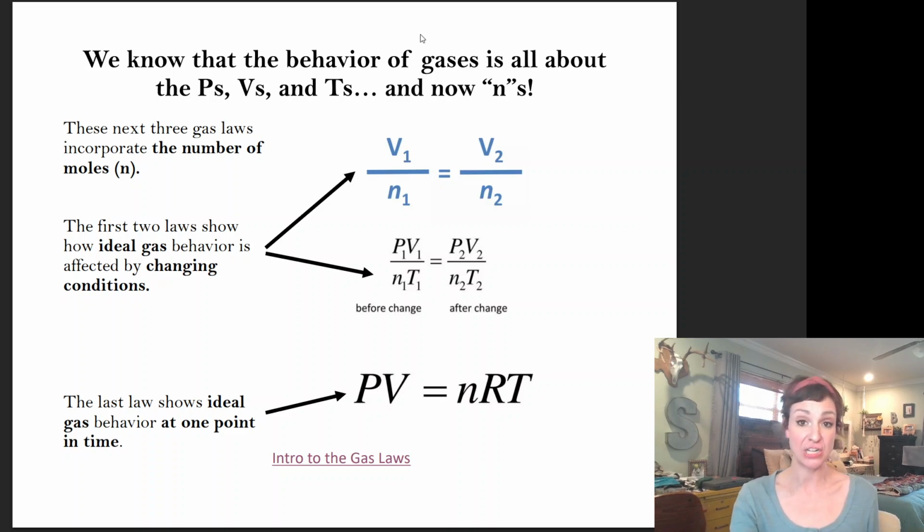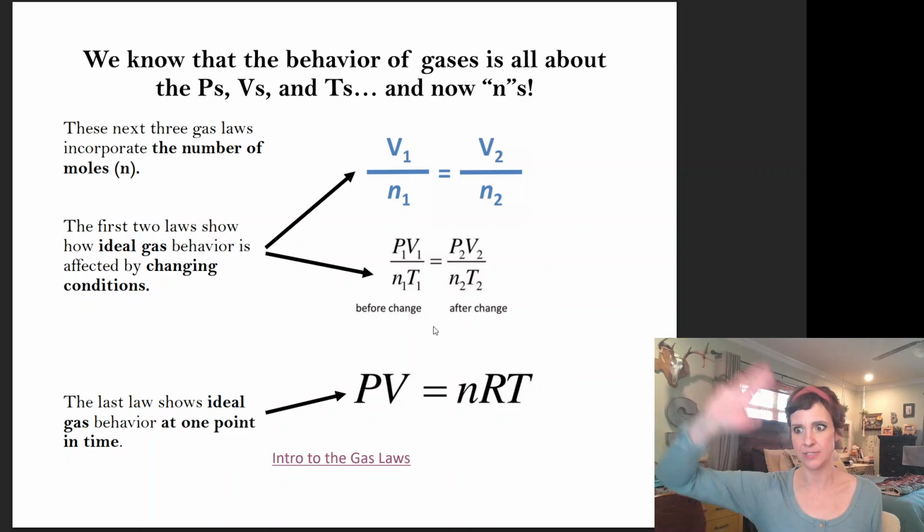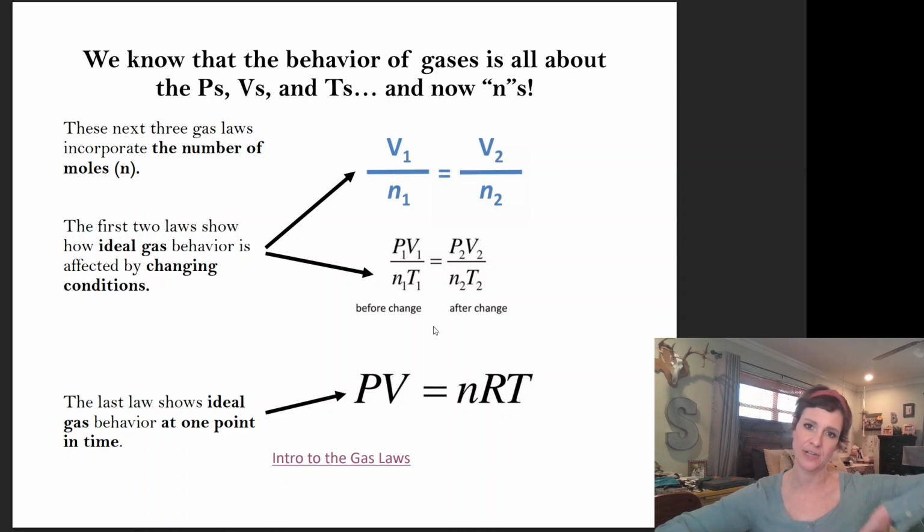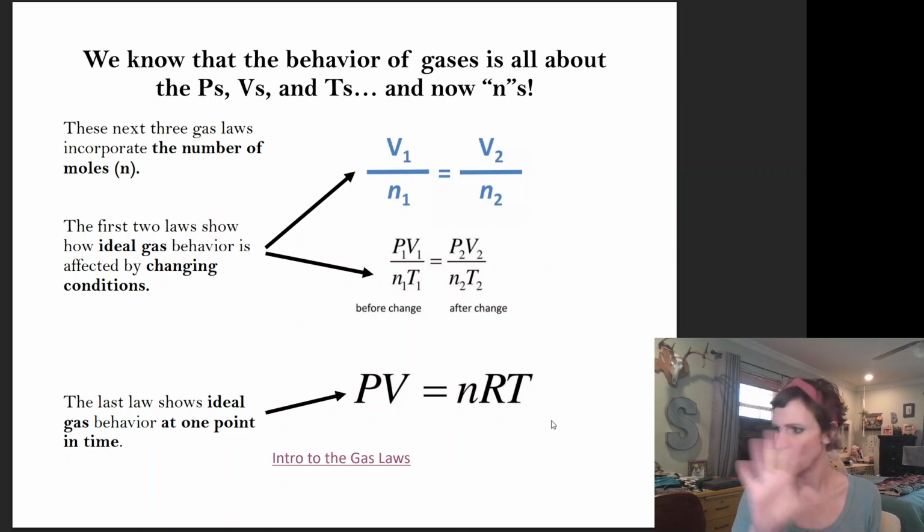So these first 2 gas laws that we'll learn about today are going to show how an ideal gas is affected by a change in conditions. We know this is showing a change in conditions because I see 1s on one side and 2s on the other. That means my initial conditions and then my final conditions. My last gas law that we're going to be learning about, I don't see any 1s and 2s.